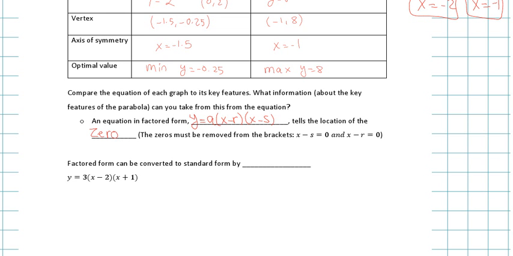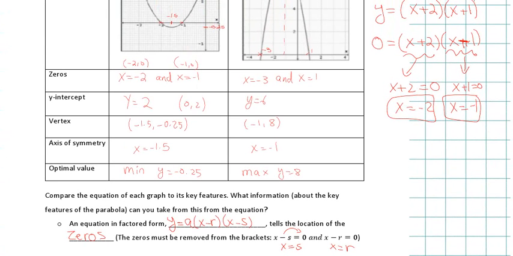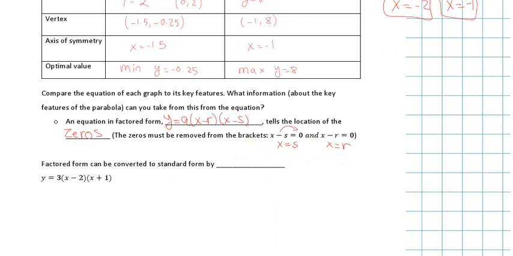And we talked about how the zeros must be removed from the bracket, so x equals s and x equals r. So these will be my zeros. Remember, when you're solving for your zeros, you set each bracket equal to 0, and then you solve for x.